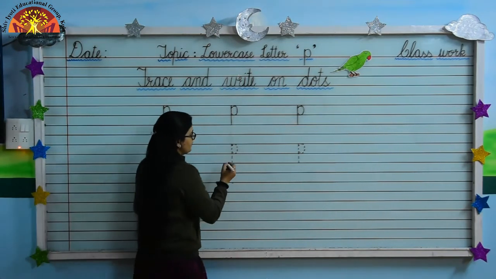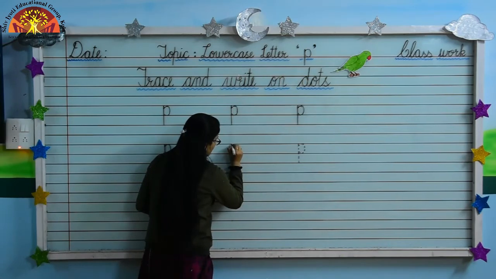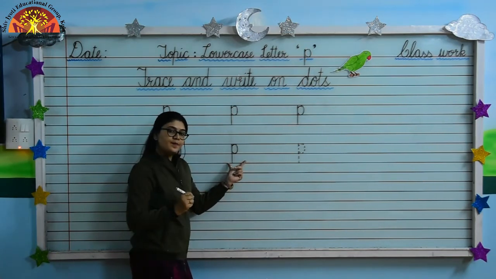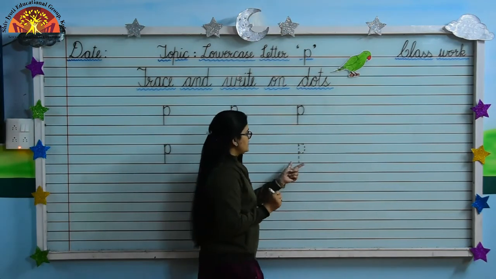Now write it again. Put your pencil here and draw a standing line. Small curve like this. Lowercase letter P. Now let's do one last time.